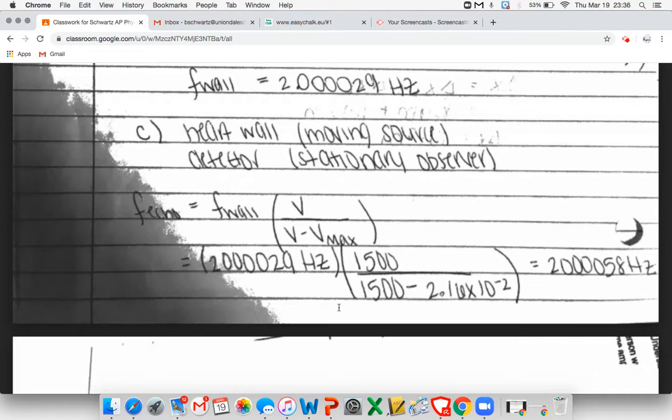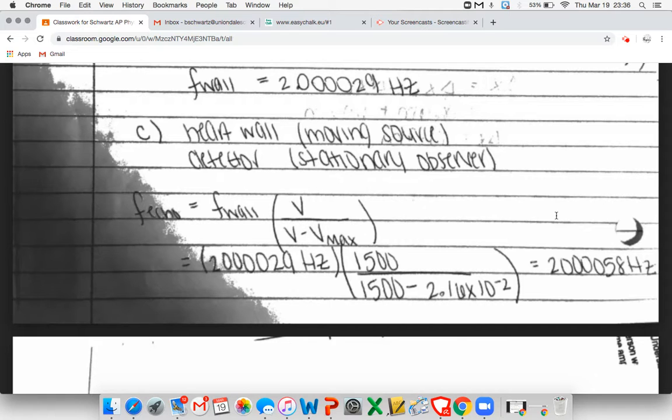The other thing that I would also say though, if you look at your answers, the difference in your answers for B and C do vary based on the 29 and the 58. So for this, I know I always say go to two significant digits. For this one, if you go to 2 significant digits, you're not going to see the difference between the values.